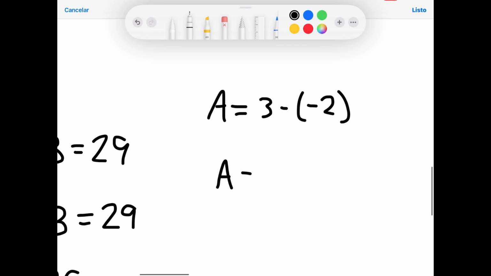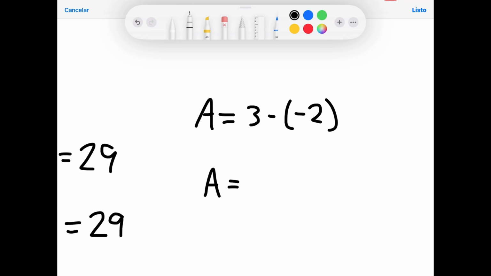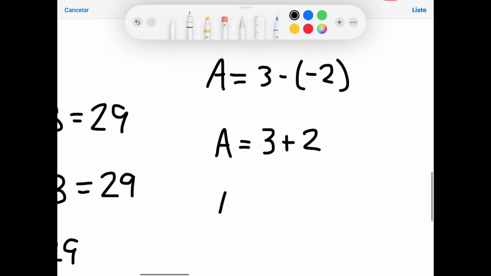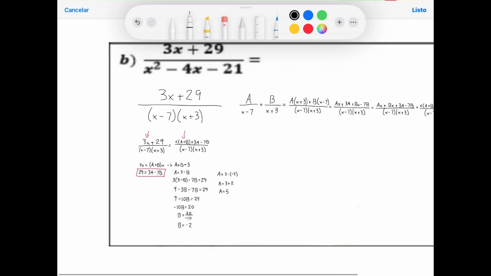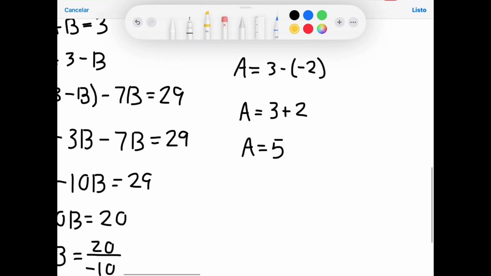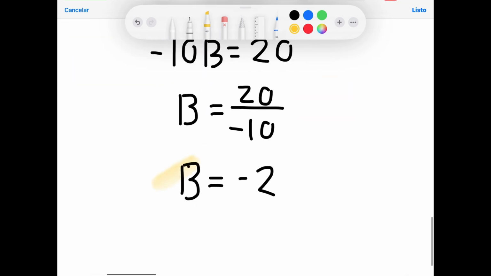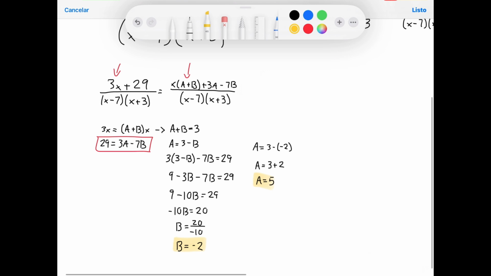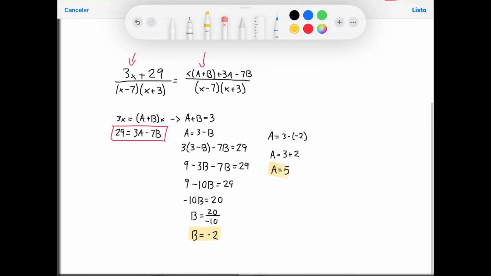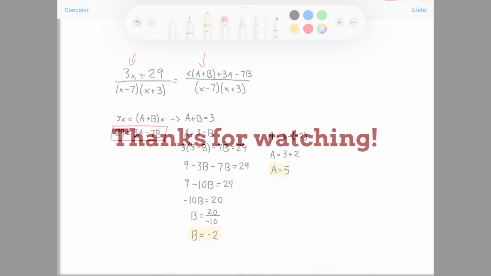And I know that these two negative signs act like adding, so 3 plus 2, and I know that a equals 5. And that's how I get my two answers. I know that a equals 5 and that b equals minus 2.